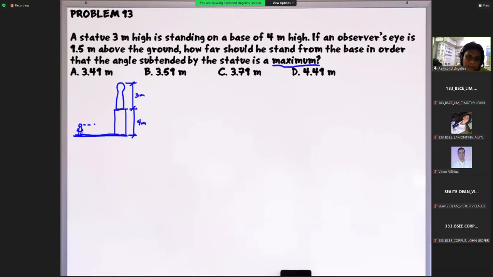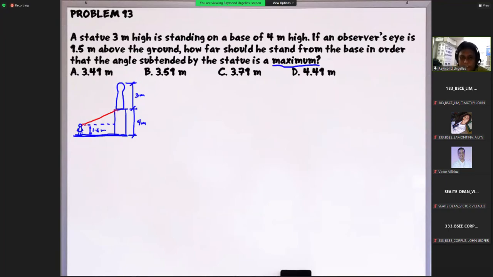So let's say ito yung eye ng observer, and this is 1.5 meters. Ang gusto natin i-maximize is yung angle subtended by the statue. Pag sinabi natin subtended angle, from the point of observation, yung mata ng observer, i-connect nyo lang siya dun sa lower base ng statue, that will be this one, and the upper base.